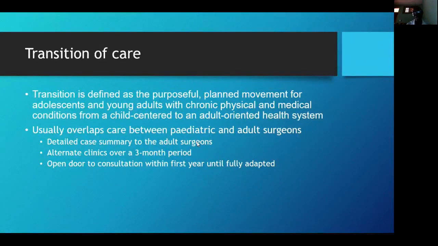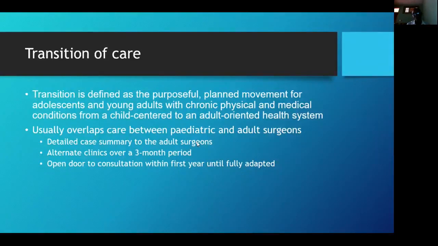For instance, if they still have some fecal accidents that we need to manage by bowel management, we need to highlight these things and then have such a child visit the pediatric clinic this week, and then the next visit will be to the adult surgeon.